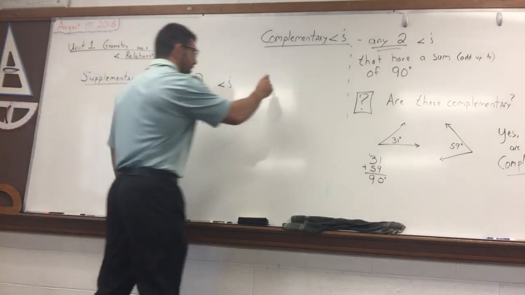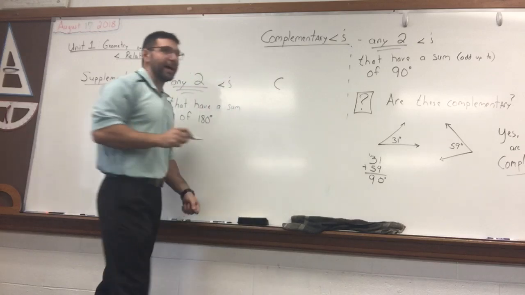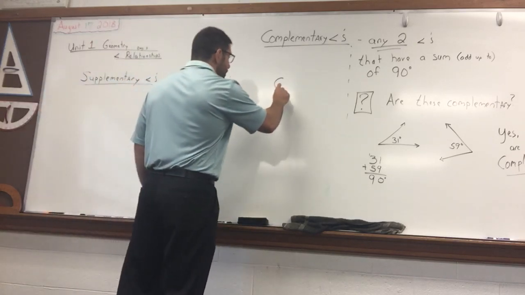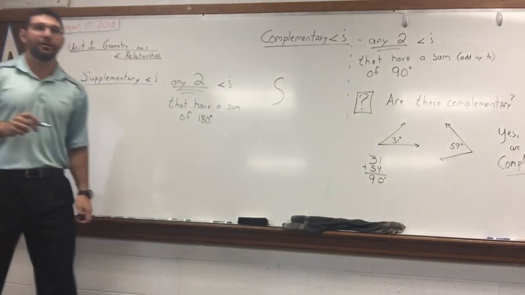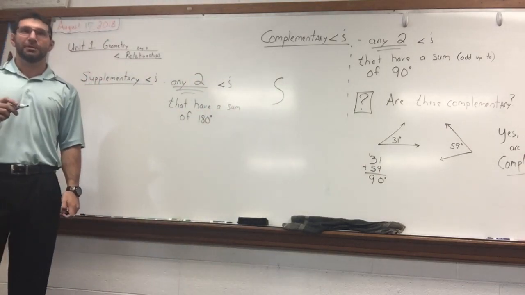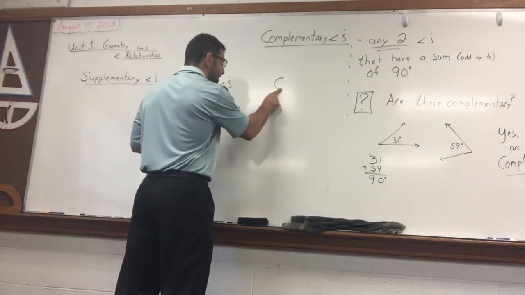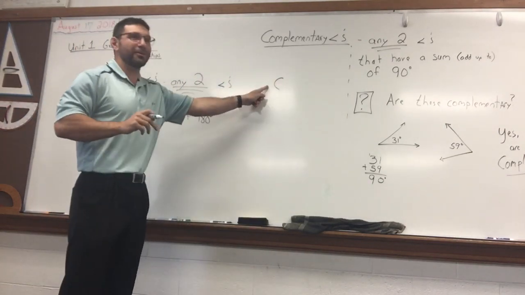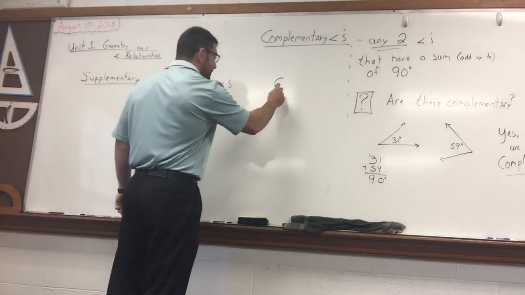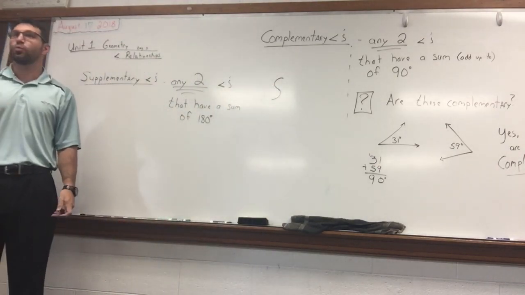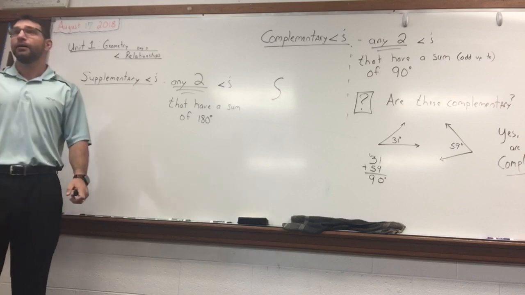C. If I draw a C backwards, so if I have one C and I draw two C's, what does it form? An S. So if I take away one of the C's, complementary is half of supplementary.